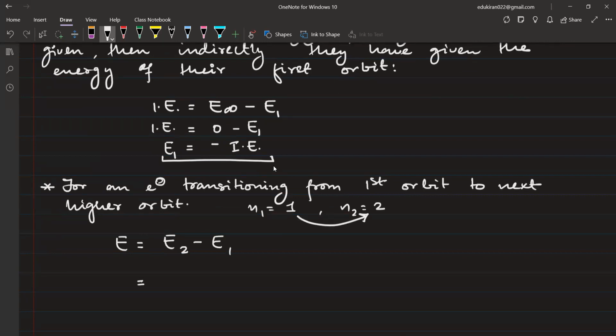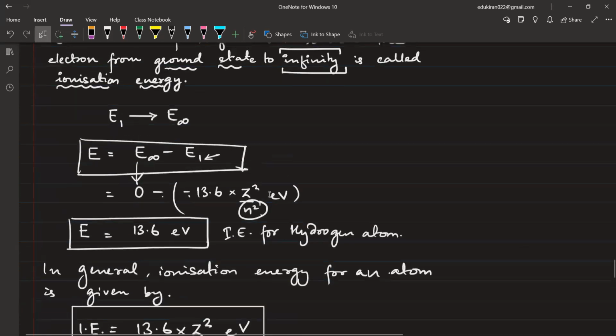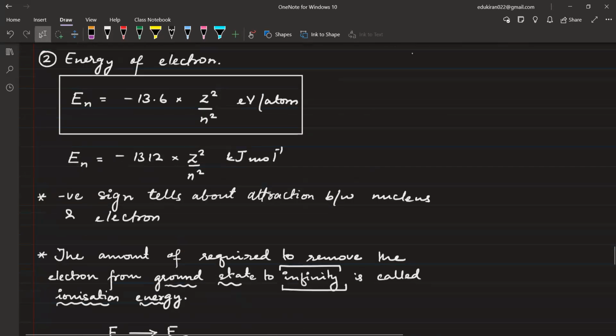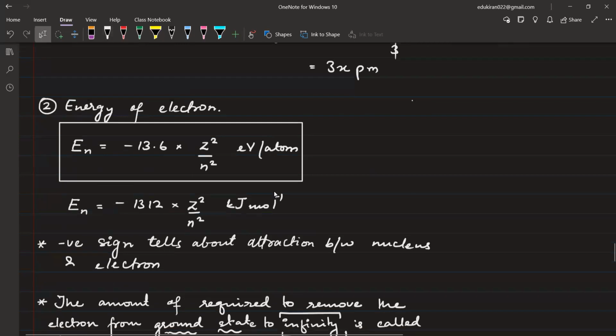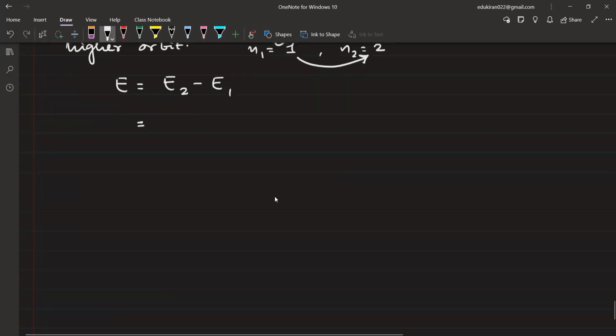So in this case E2 will be equal to how much? Energy of the second orbit will be equal to how much? Please see here. You have this formula, minus 13.6 into Z square upon n square, है ना? यहाँ पे इसको लिख लीजिएगा। E2 क्या हो जाएगा?